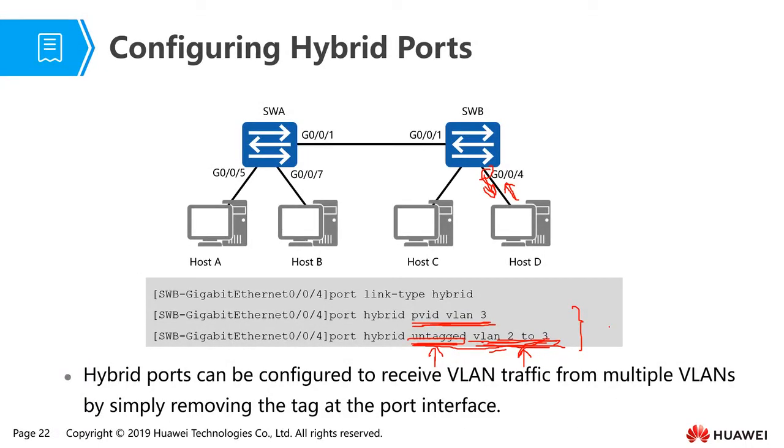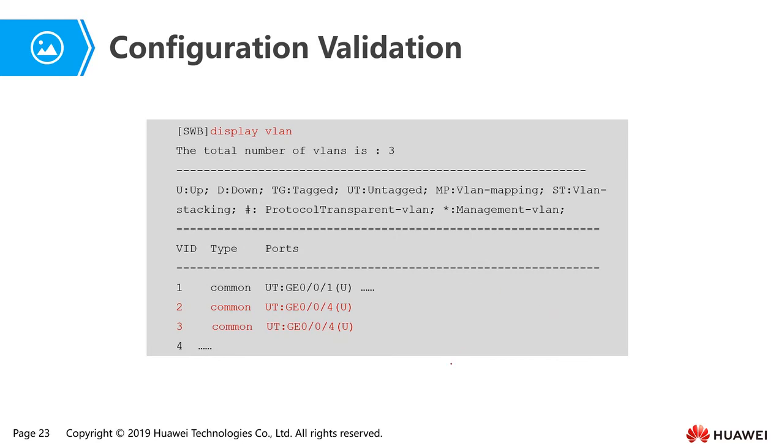After configuring this, under VLAN we can use display VLAN to check. Under VLAN 2 and VLAN 3, GigabitEthernet 0/0/4 belongs to both, and it is untagged.